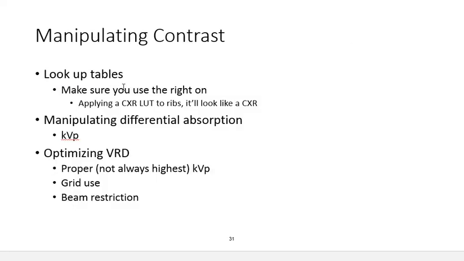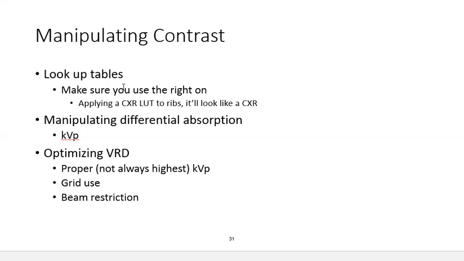So how we manipulate contrast in a digital world really is by changing your lookup tables. You change the lookup table and you change the shape of the H and D curve that's associated with it. So if you change, again, from a chest x-ray to a ribs lookup table, then you're going to change the dynamics of your x-ray.